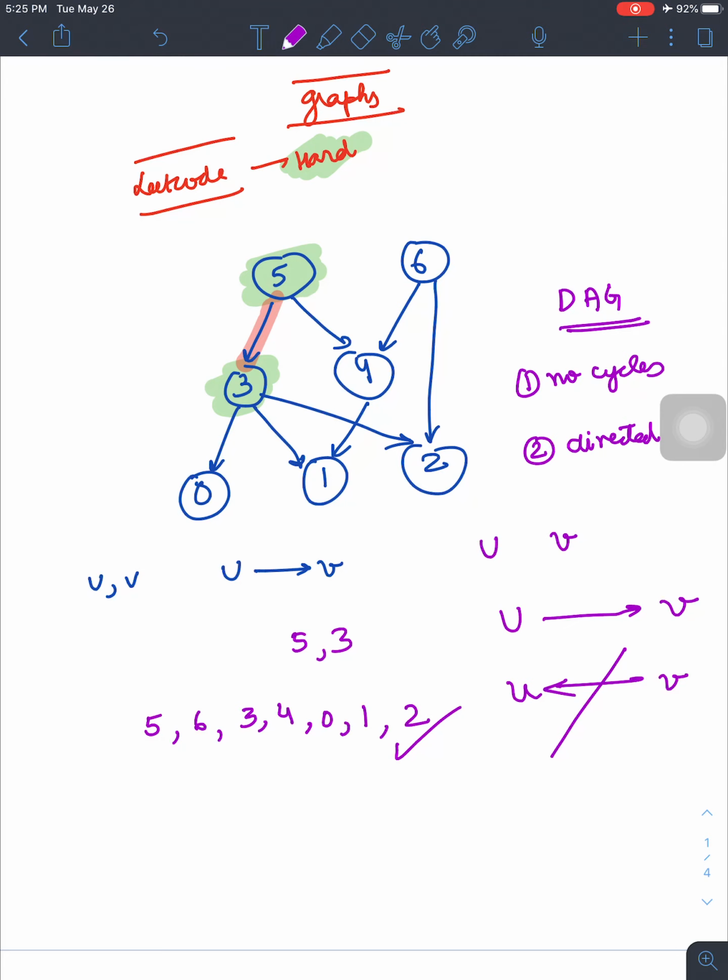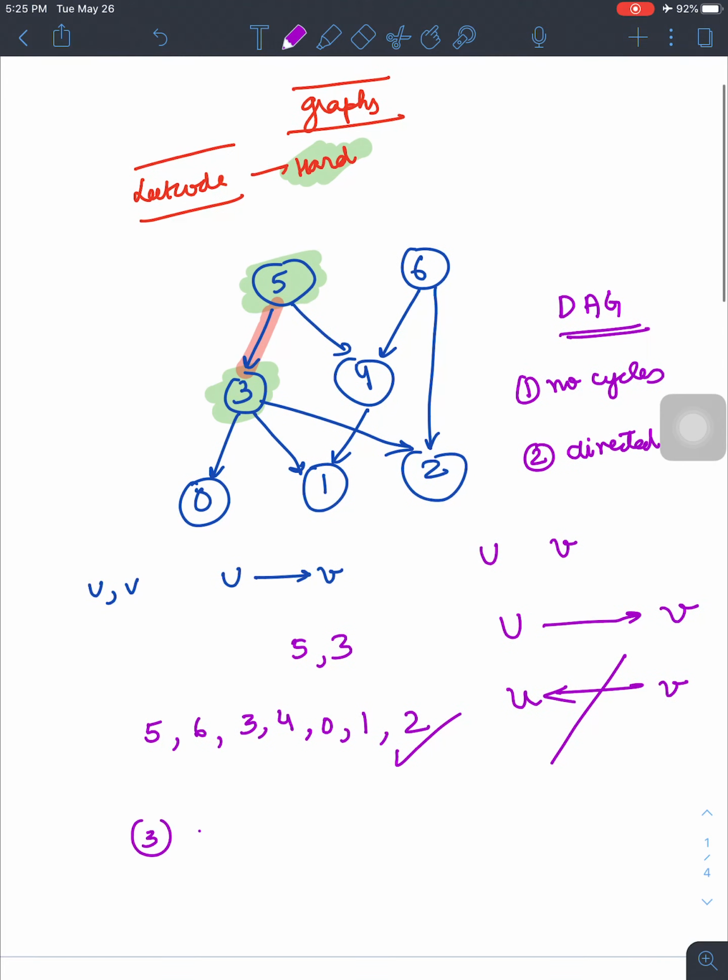Then there are no cycles, and as you can see, there can be multiple orderings for the same graph. If 3 and 4 are on the same level, if I write 4 before 3 or 3 before 4, it doesn't really matter. It is still a topological sorting.